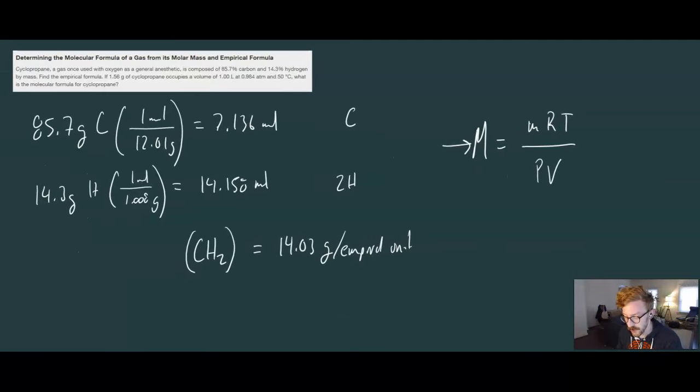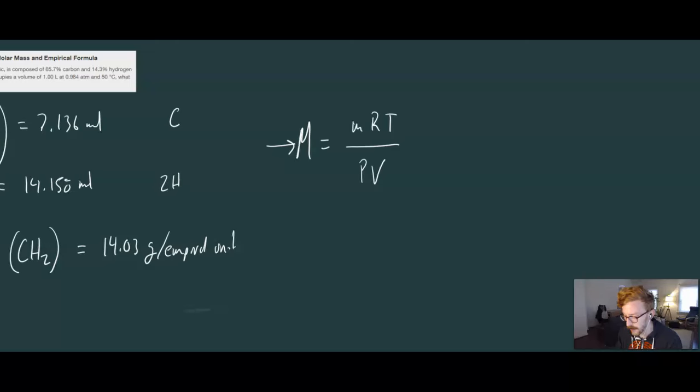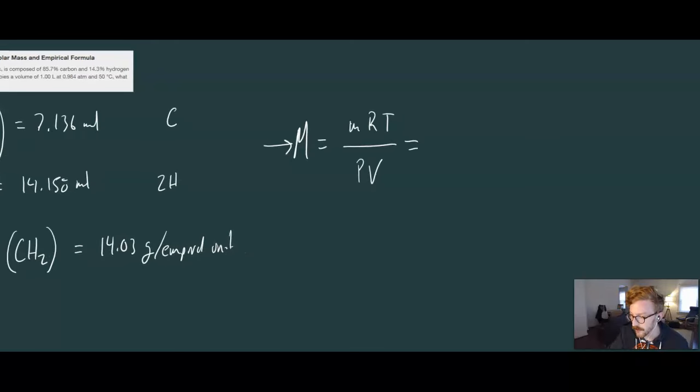So everything is given to us here. We have 1.56 grams as the mass. We can use the ideal gas constant. I think the only thing we have to convert is temperature. So I'm going to write this all out. The problem stated 1.56 grams. I'm using the gas constant 0.0821, rounded from the one that we used before, liter atmospheres per mole Kelvin.